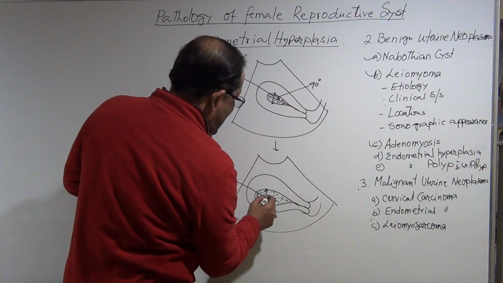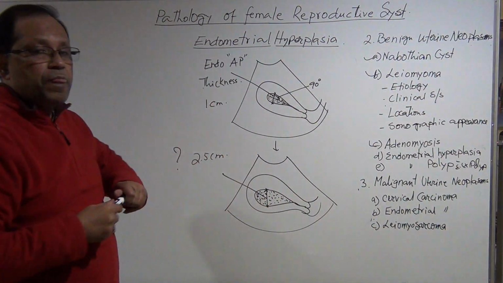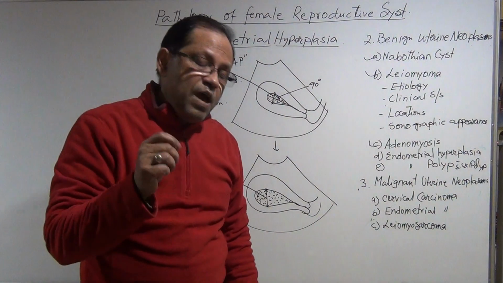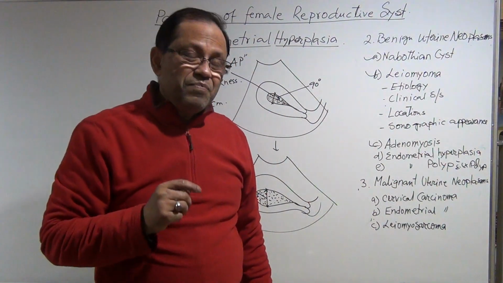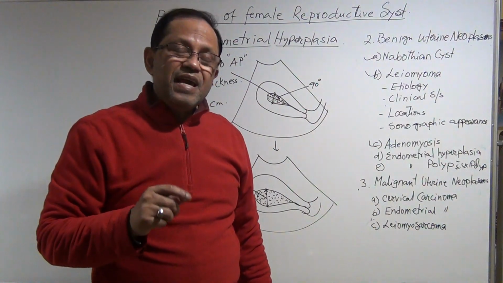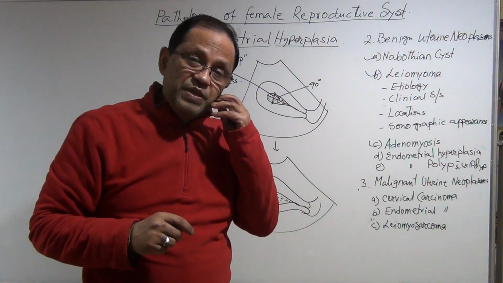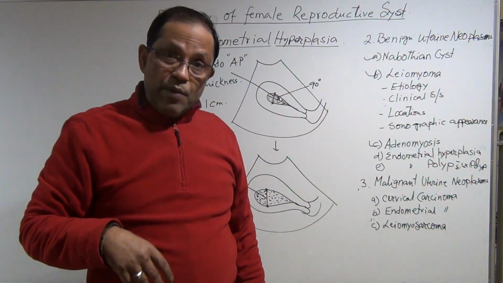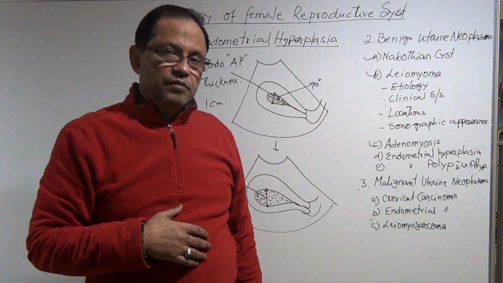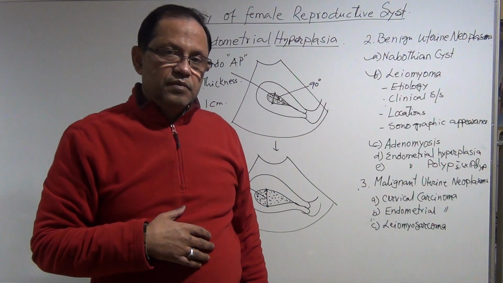And who can have this thickness? You have to ask the patient, are you taking any birth control pill? Are you taking any hormone replacement therapy? Are you taking tamoxifen?